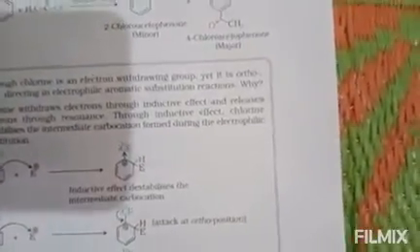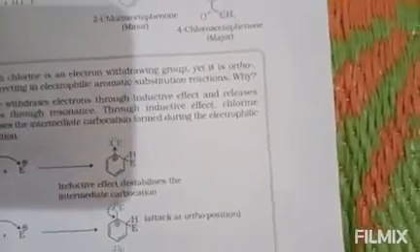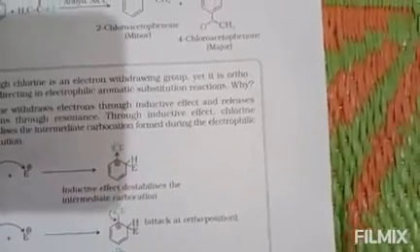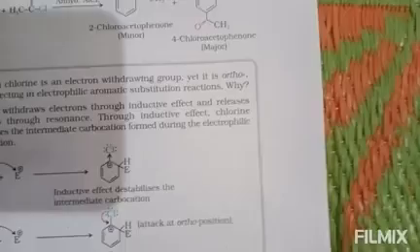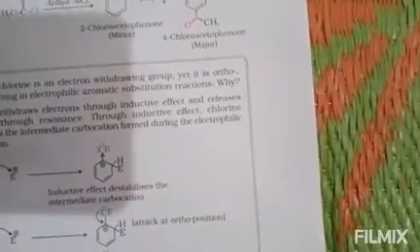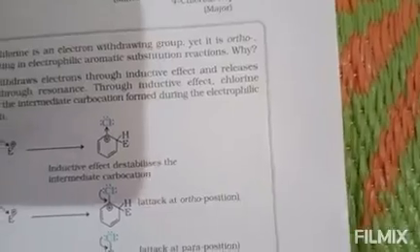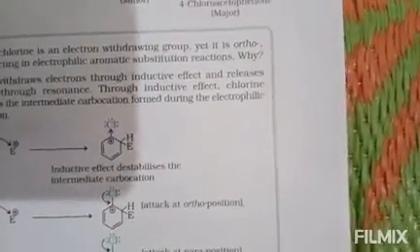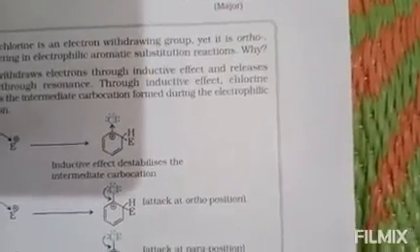I have already told that in the ortho and para positions, it will increase the electron density due to the resonance, and this resonance helps them to attack an electrophile easily in the ortho and para positions. That is why they are ortho-para directing species.